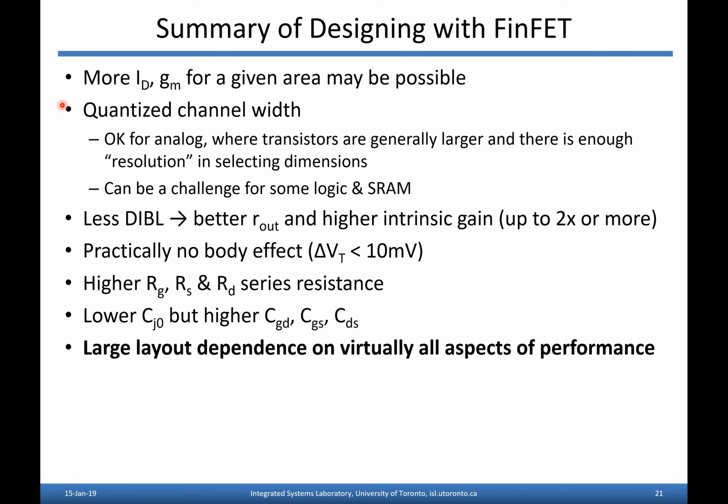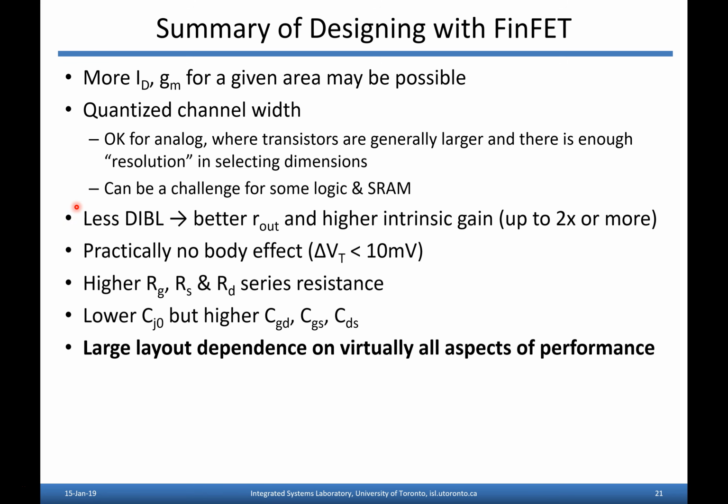You can't just realize any transistor size you want with FinFETs because you've got an integer number of fins. That's not such a big deal in analog design, because usually your transistors are relatively big anyway. So you've got enough granularity, enough resolution in setting the dimensions of the transistor, even with FinFETs. It's not really a problem.